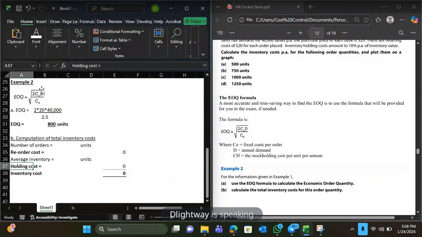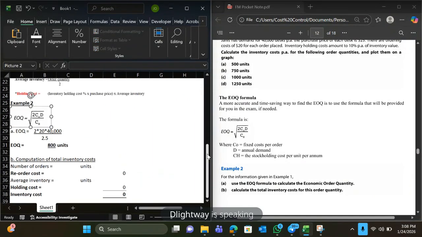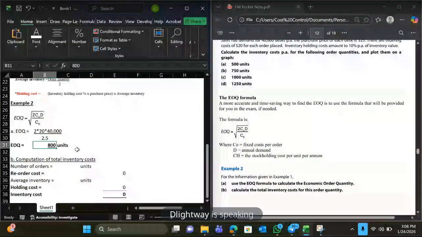And the EOQ, I guess you know this EOQ from school, one way or the other, from costing and management accounting. Your EOQ is the square root of 2 multiplied by your ordering cost multiplied by your annual demand, all divided by your holding cost. The EOQ is saying, what is that number of units we need to order in order to minimize costs when it comes to inventory ordering?